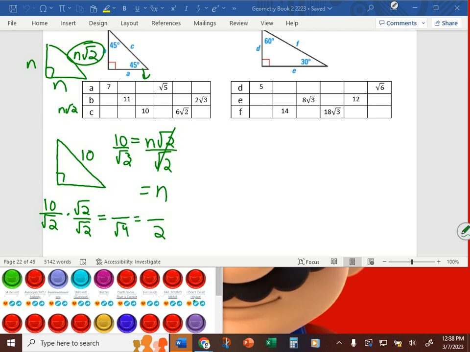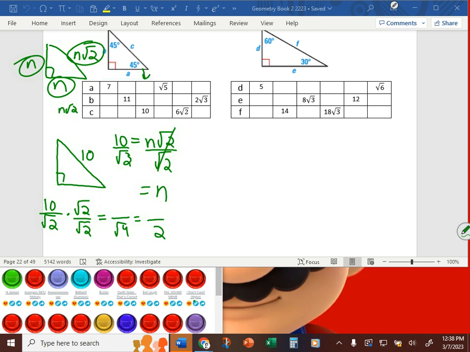So what we did was we set 10 equal to n root 2. We divided both sides by root 2 to get n by itself, because n is what the legs equal, right? We solve for n, we've got the value of the legs. So we divided 10 by root 2. 10 over root 2 doesn't work out evenly, so we have to rationalize.